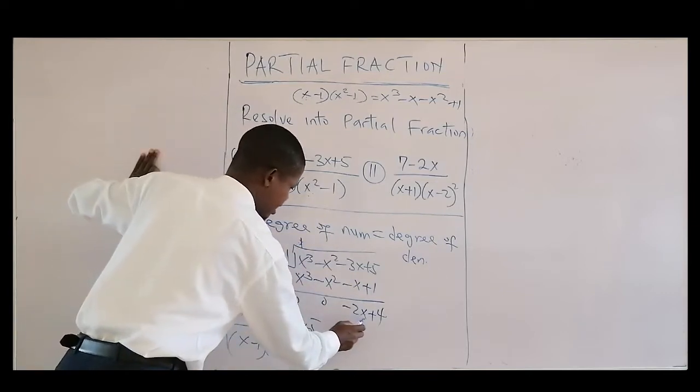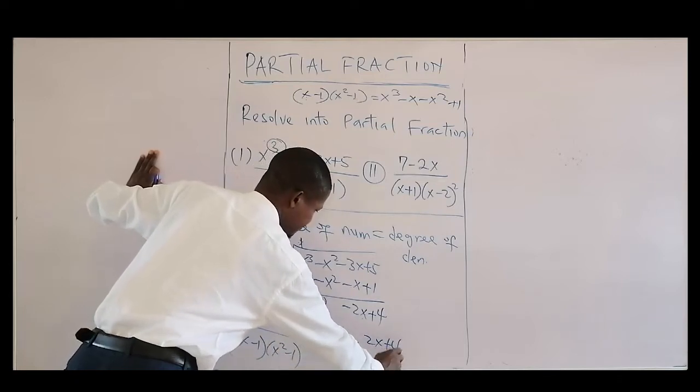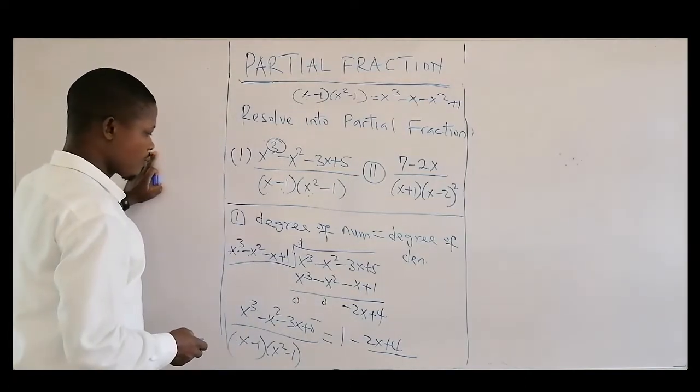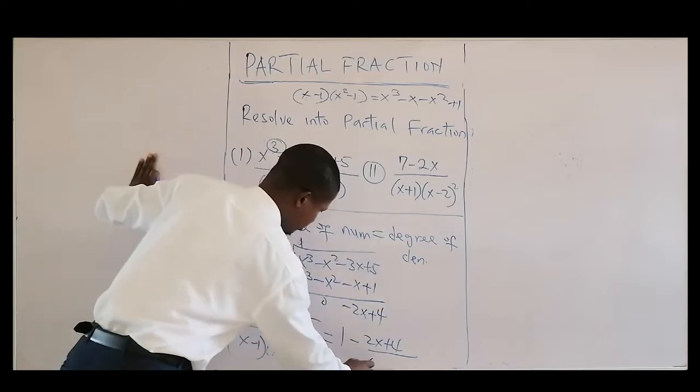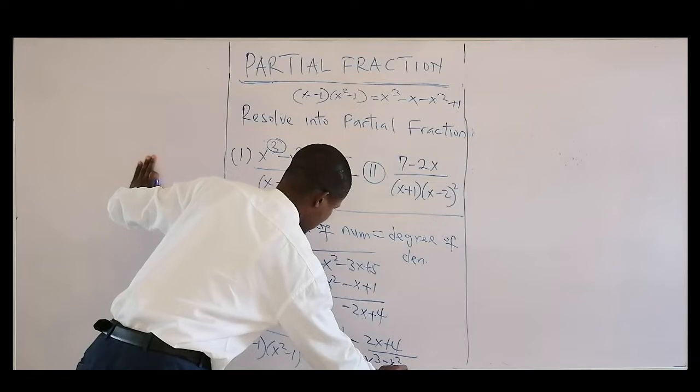Then the remainder here, that's minus 2x plus 4 all over this one, which is what? x cubed minus x squared minus x.